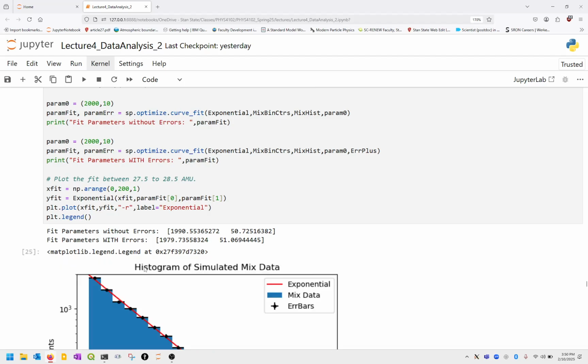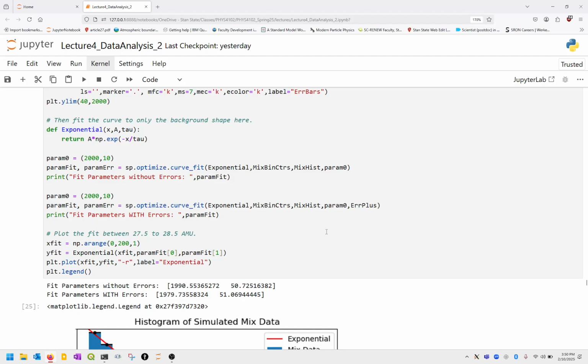I'm going to run this like we did on Wednesday, and it produced the fit parameters to be basically about 2000 and then 50, around there. Now that we know how to calculate errors on our histogram, we can put in the errors after param 0. I'm going to give another parameter for you to pass to it.